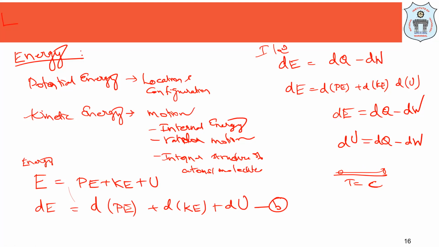So what we can write is delta Q minus delta W equal to delta H plus delta kinetic energy. You can write in terms of d or delta, whatever it is, plus delta potential energy. Let it be equation number 1. What are these terms?